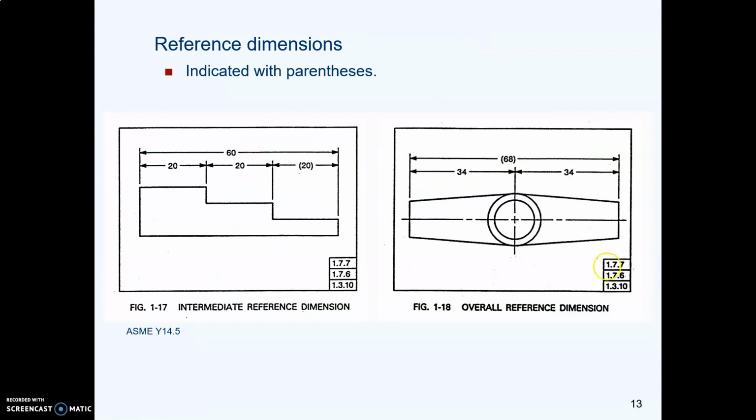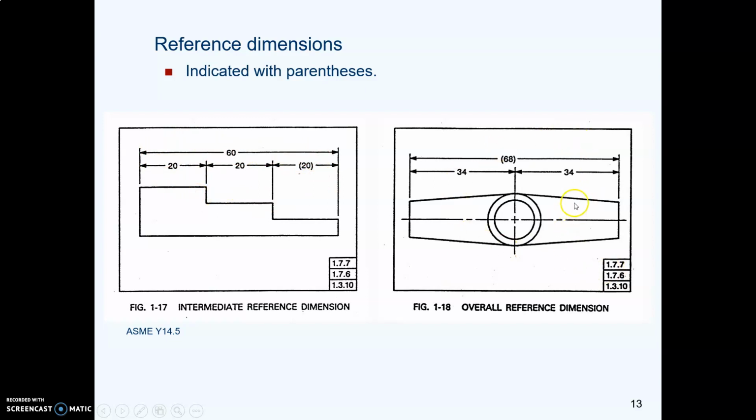If you want to have all of those dimensions, as we see in this ASME example, so here are the 3 dimensions plus the overall. If you really want those, what you have to do is make one of them a reference dimension, and you do that by putting parentheses around the dimension. So that's what you see in this first stepped part.